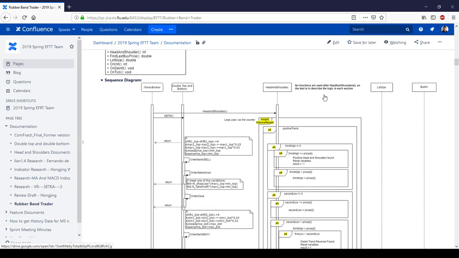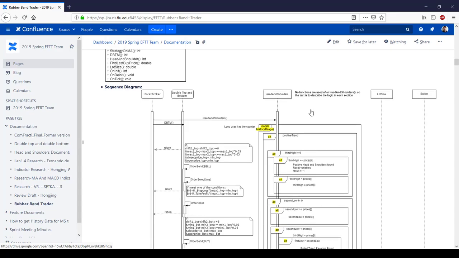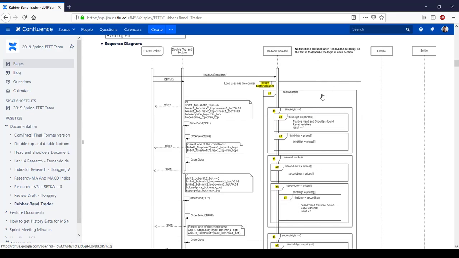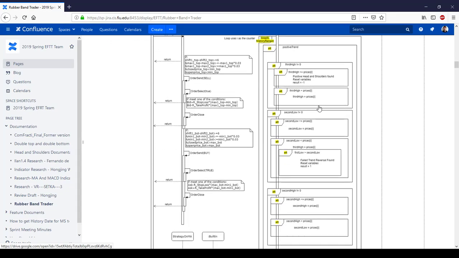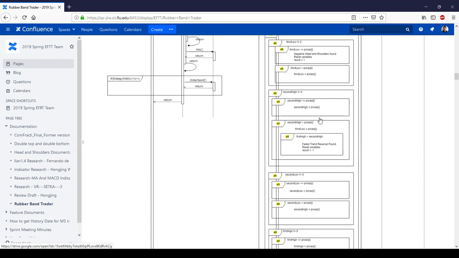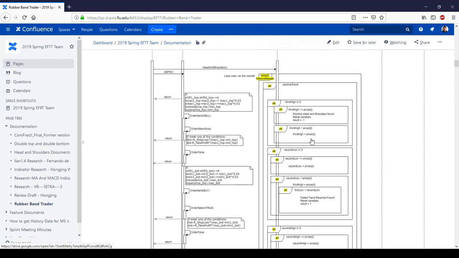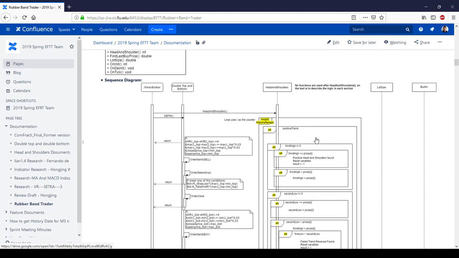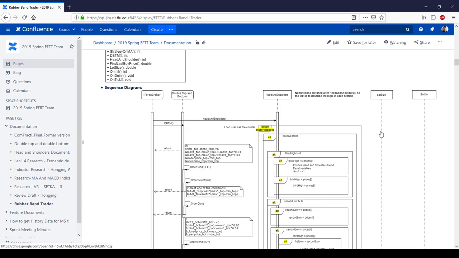Unfortunately, this does not use any functions after it is called, so instead of just leaving all these boxes blank, I put in text to describe what actually happens in terms of flags and variables. There is quite a bit, because there's a condition. It has to check whether there's a positive trend or negative trend, and depending on which trend it is, the logic changes.